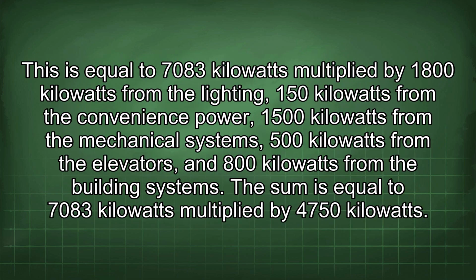This is equal to 7083 kilowatts multiplied by 1800 kilowatts from the lighting, 150 kilowatts from the convenience power, 1500 kilowatts from the mechanical systems, 500 kilowatts from the elevators, and 800 kilowatts from the building systems. The sum is equal to 7083 kilowatts multiplied by 4750 kilowatts.